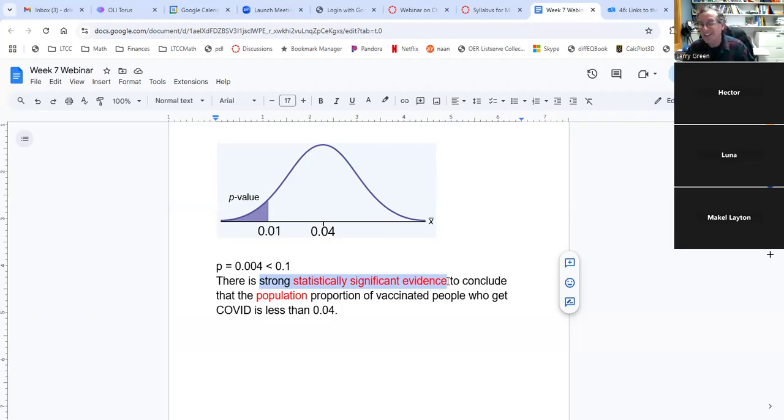This is history, but it's what you should expect them to do. Maybe you don't know your history. Should I tell you? They approved the vaccination. And they said, yes, let's recommend getting people vaccinated because we have strong statistically significant evidence that this works. Do you see? Doesn't mean you can't get COVID, but it means you have a smaller chance of getting COVID if you get vaccinated. Okay.